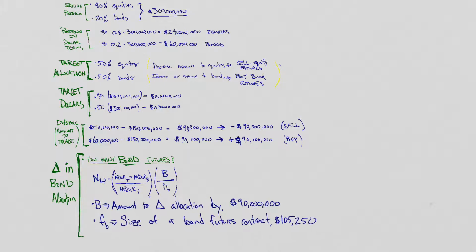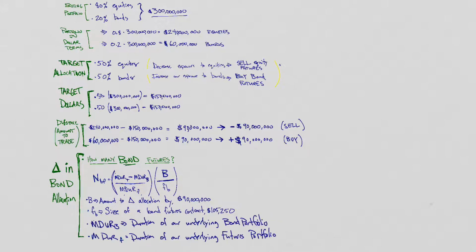And then the modified duration of our underlying bond portfolio and our futures portfolio, respectively. And let's say those numbers are 6.5 and 6.85. So we have all the numbers that we need to plug in.